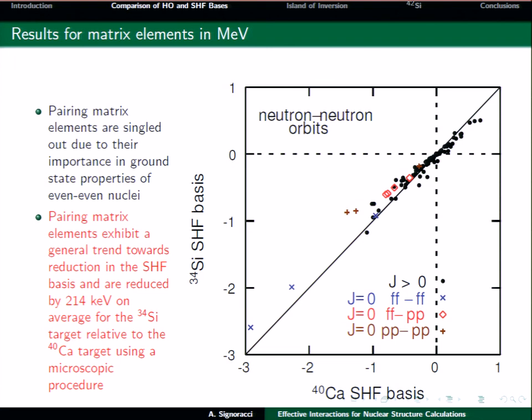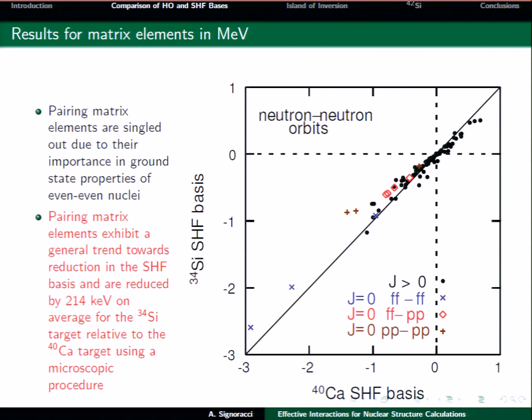Specifically, the pairing matrix elements, which are in color, lie further from the line of equality, and the reduction in the pairing matrix elements as determined from this relatively microscopic procedure is 214 keV. So that's in comparison to the empirical 300 keV that was found by Nowacki and Poves.